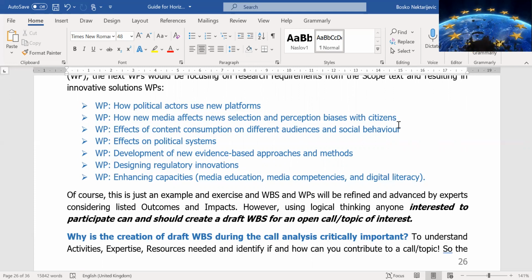Of course, this is just an example, an exercise for creating your understanding and intelligently interpreting instructions, and creating your draft work breakdown structure.